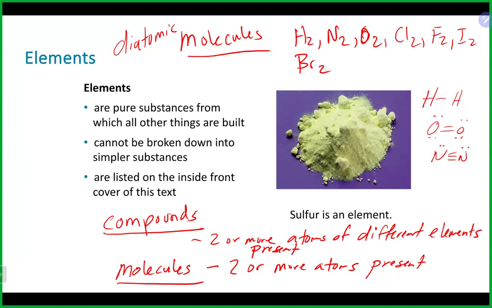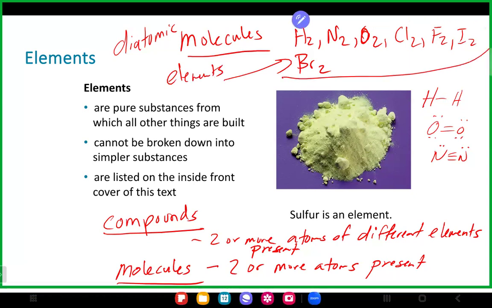Those could be two or more atoms of the same element. They could be two or more atoms of different elements, and they would be considered molecules. Now, in order for something to be a compound, you still have to have two or more atoms, but there's a second part to that, that it has to be two or more elements involved, which means that these guys here are elements. They are also molecules because there's two or more atoms. Are these guys compounds?